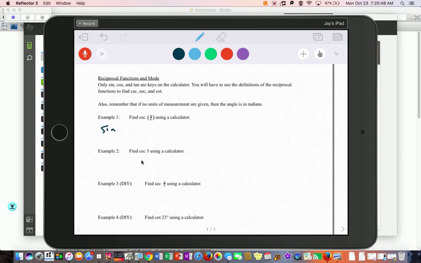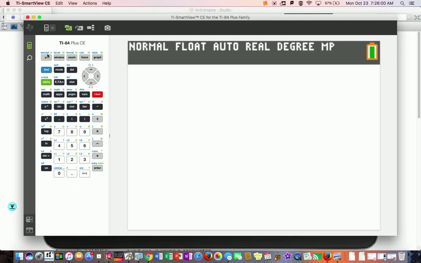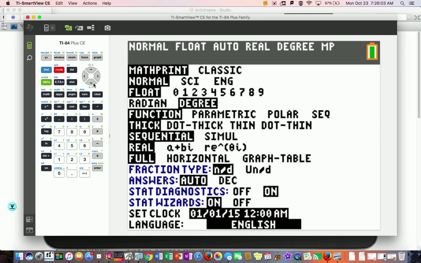It's the reciprocal function. So instead of doing cosecant, because we don't have that button on our calculator, we're going to have to do the sine of pi over 8. Now with pi over 8, that's a radian measure. So when we go to our calculator, we're going to have to switch to radians. Or you can convert the pi over 8 into degrees.